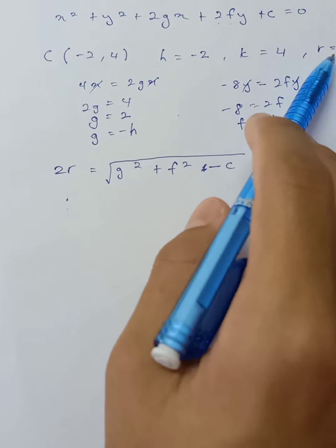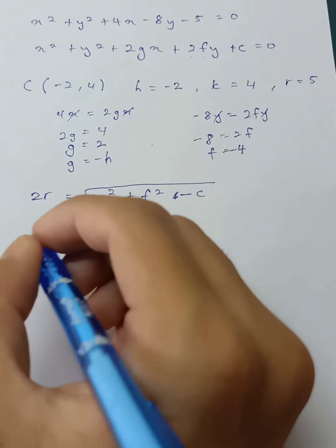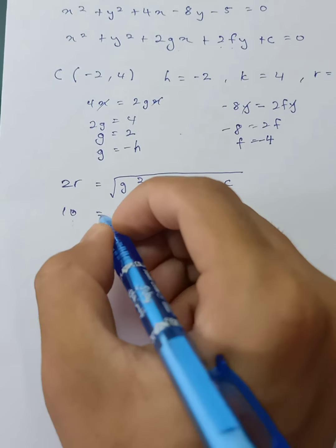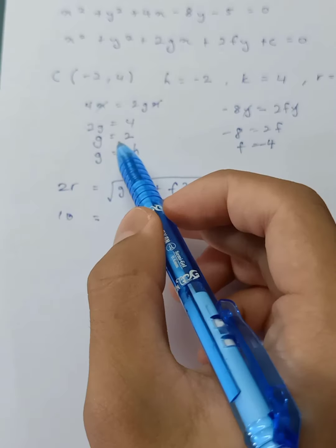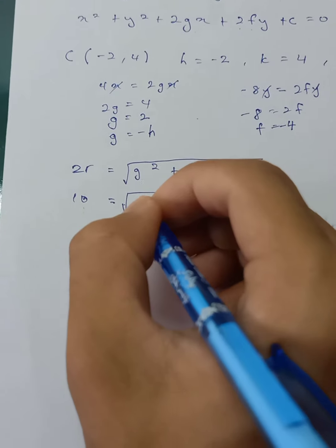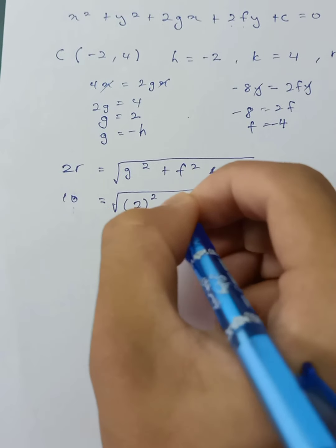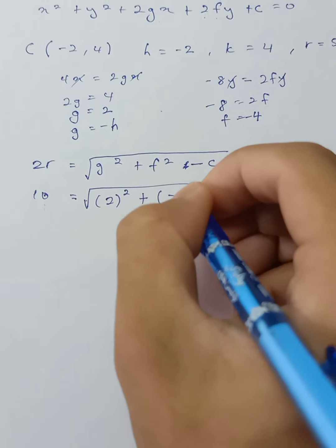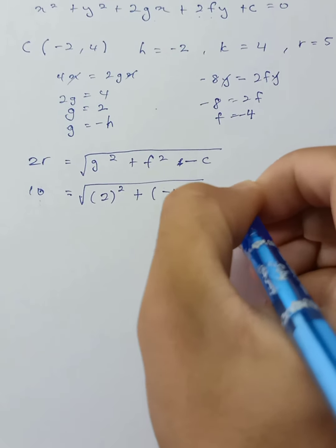We know that r is equal to 5, so 2 times 5 equal to 10. Substitute the value of g here: 2 squared plus f squared, negative 4 squared, minus c.